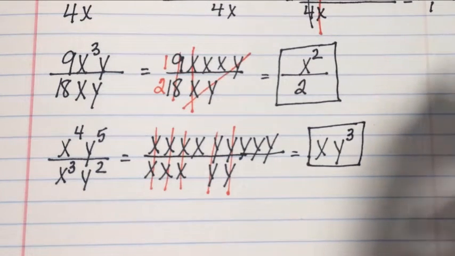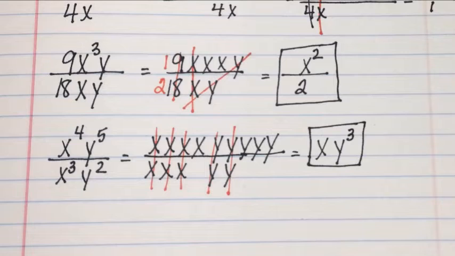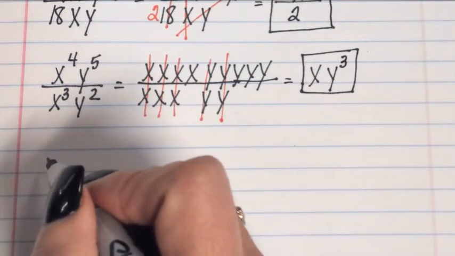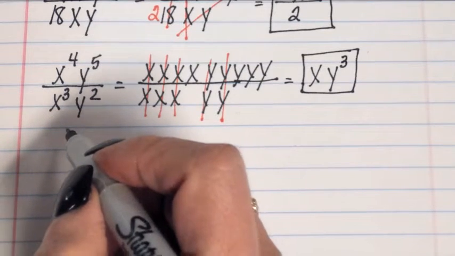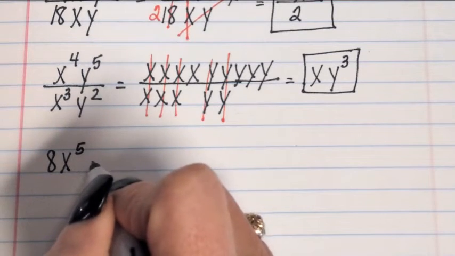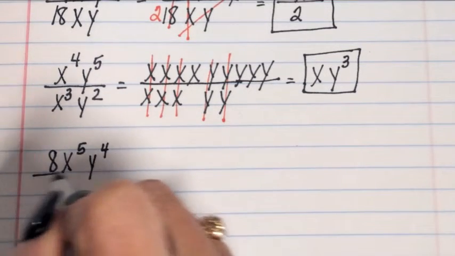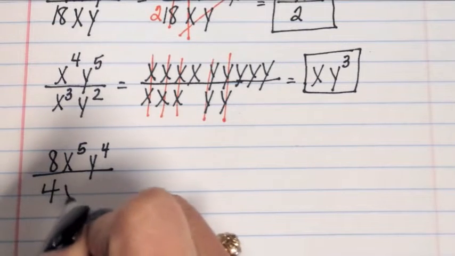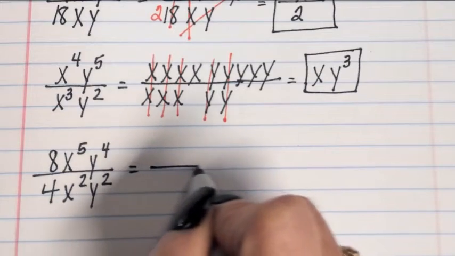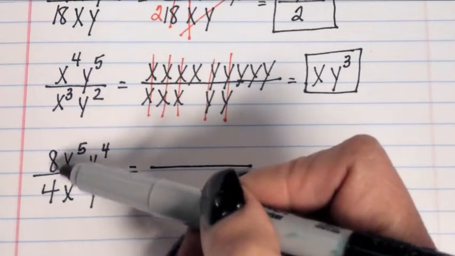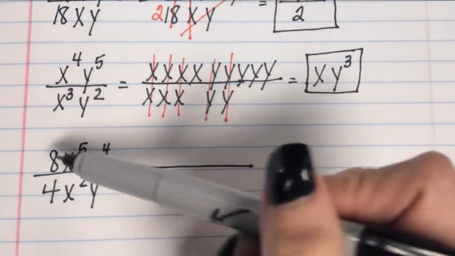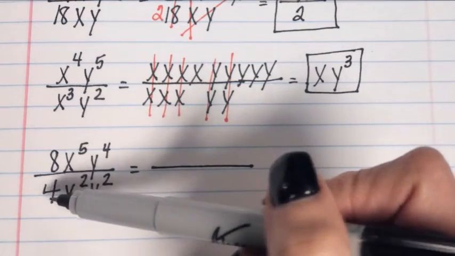Okay, so I'm going to do one more and we're going to see if we can come up with the rule for dividing. So let's do number 6. This is 8x to the 5th y to the 4th over 4x to the 2nd y to the 2nd. All right, 8 over 4, and you may want to use your alpha y equals button because sometimes that helps us. 8 divided by 4 is not 4.